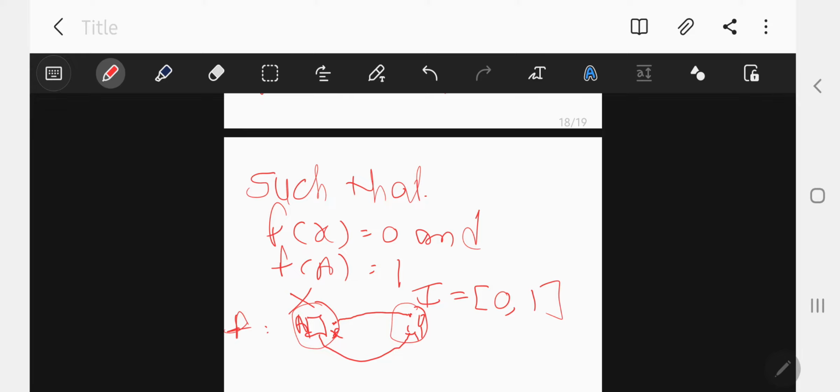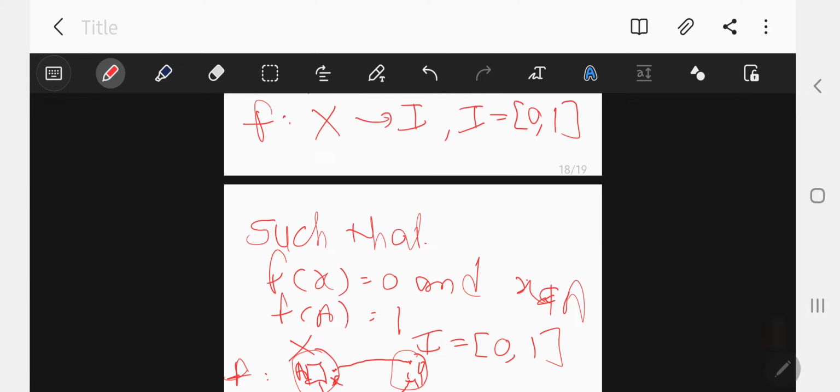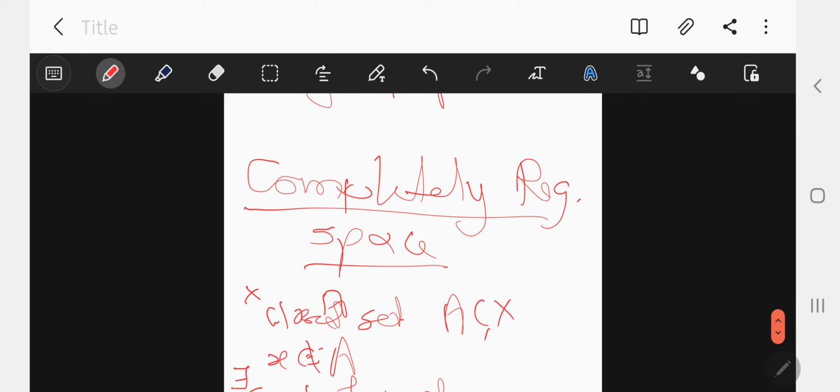That is, when point x does not belong to A, then its image is 0, and for the image in closed set, the answer is 1. f of A is equal to 1. Such a topological space X is called completely regular space. X is called completely regular.